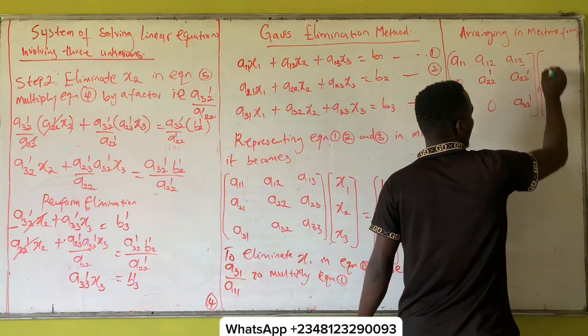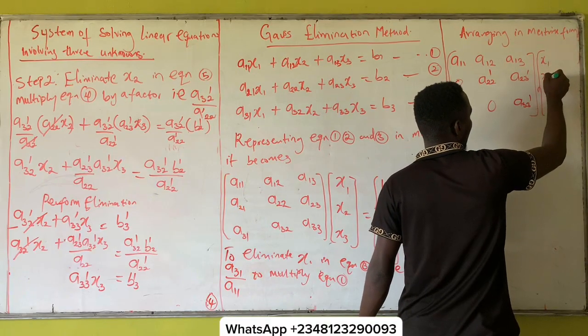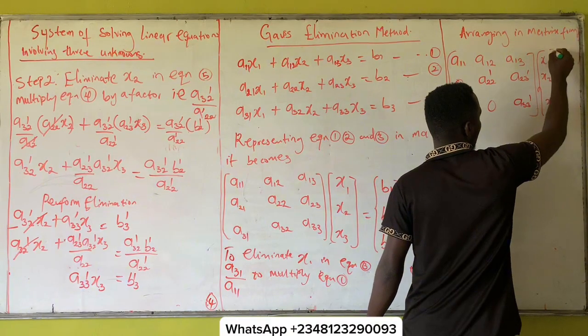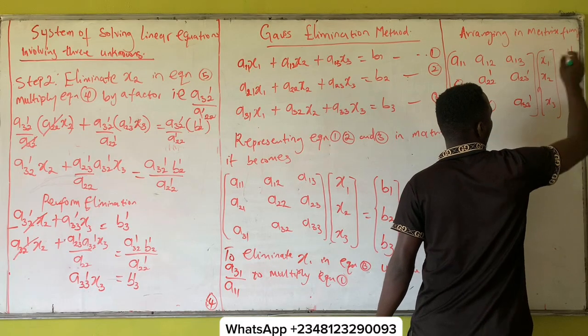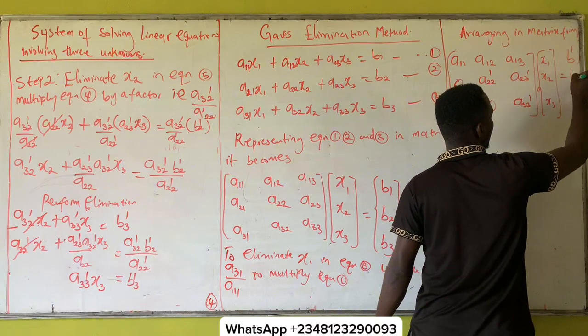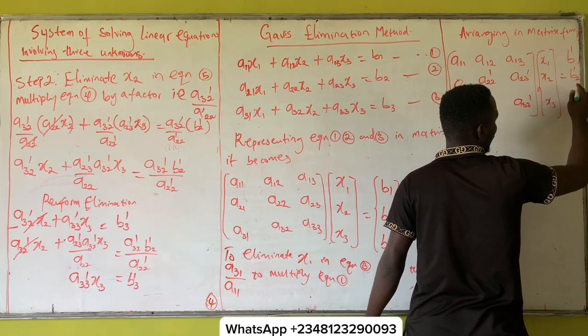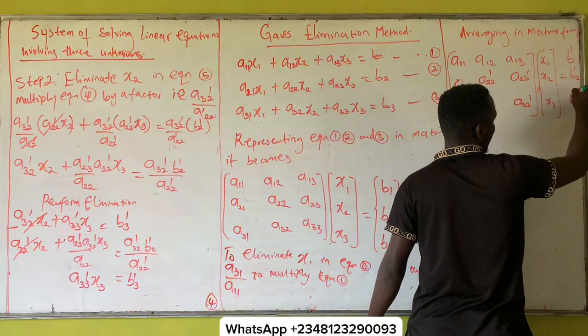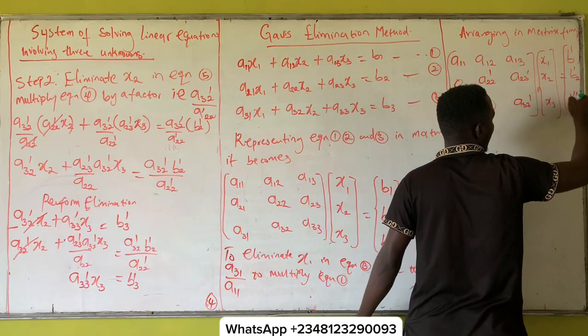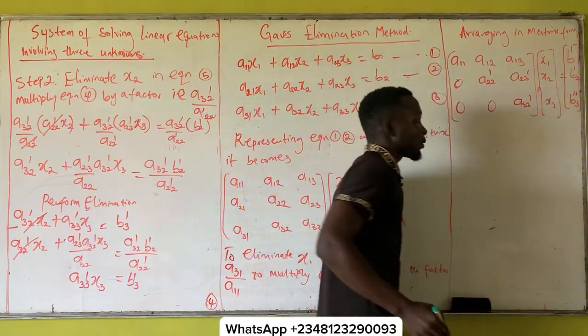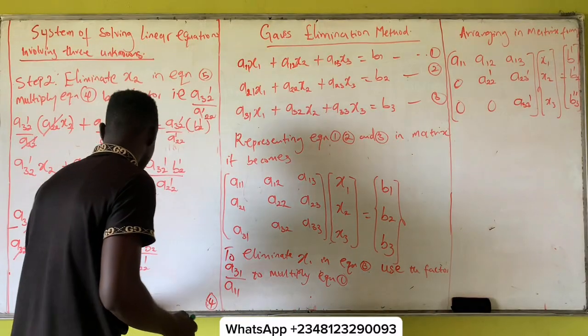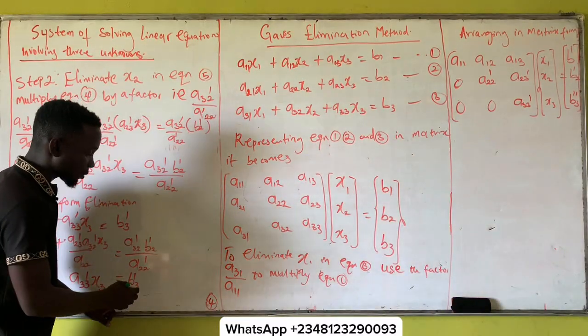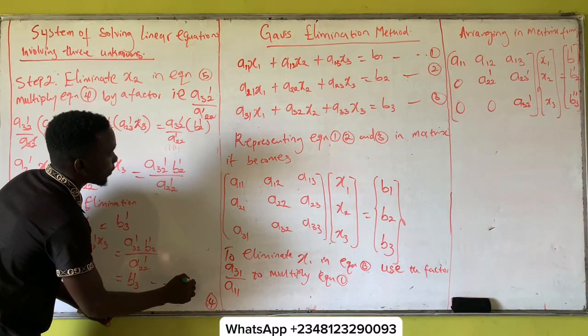Now, if you do this now, here becomes x1, x2, and x3 equal to what? B1. After we did this, we got B2 prime. Then at the end of this one, we got B3 prime. Now you can see that if you look at this, let's call this equation 6.